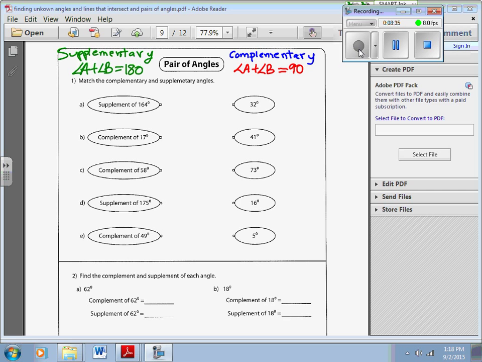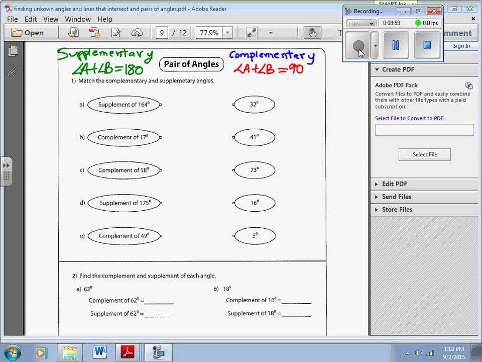Supplementary means the two angles add up to equal 180. So, if you know one of them, just do 180 minus the one you do know, and whatever you get from that, that's what the other angle is, okay? So we're just going to do some basic adding or subtracting to figure out the pairs of angles, okay?